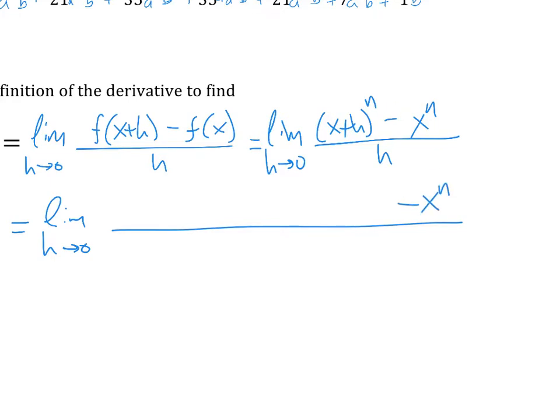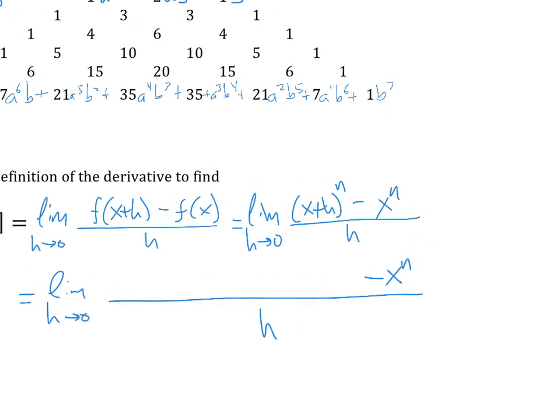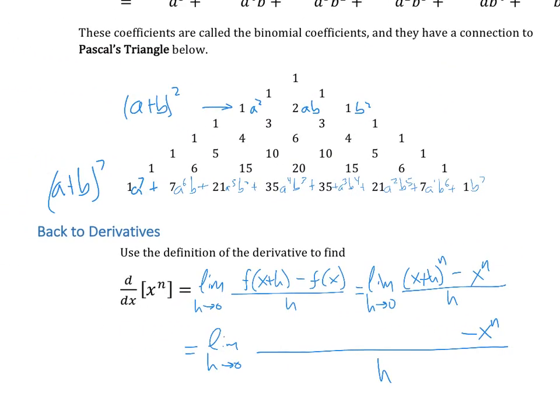Okay, we got that. Now, notice that if I have a plus b to the 7th, it starts with a to the 7th. If I have a plus b to the second, it starts with 1a squared. And the next one's going to be 1a cubed, 1a to the 4th, 1a to the 5th.